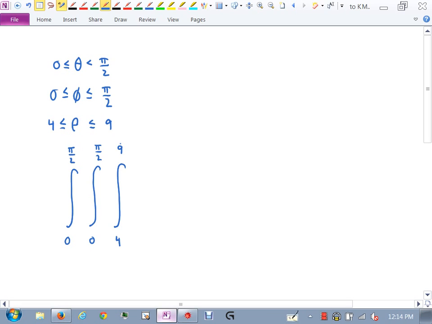Now, what does matter is the function we're integrating. And we were integrating e to the square root of x squared plus y squared plus z squared. And that was a very carefully chosen function to integrate because even if you had gotten it into Cartesian, that's going to be a disaster to integrate.